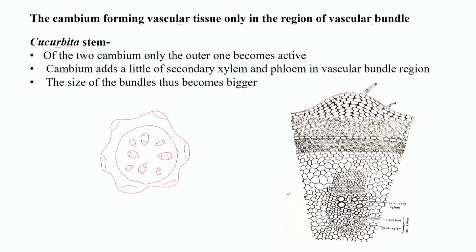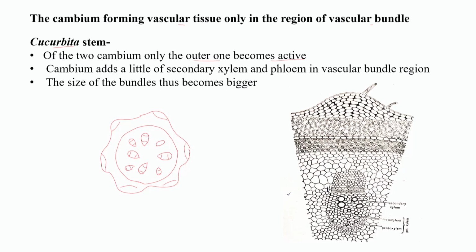So what happens? Out of the two cambia, only the outer one becomes active. Although there are two cambia, the inner one is not active and is not taking part in secondary growth, whereas the outer one is active.